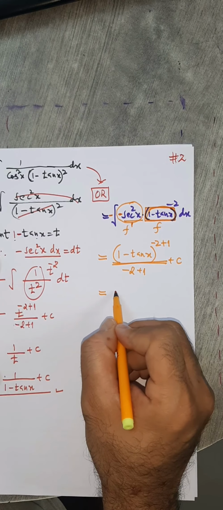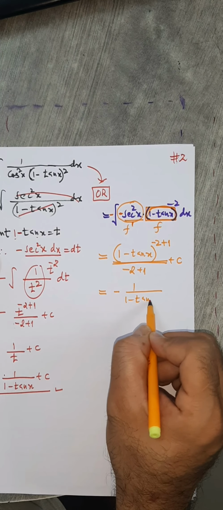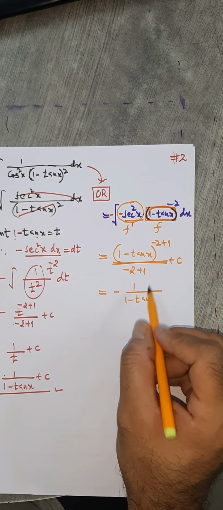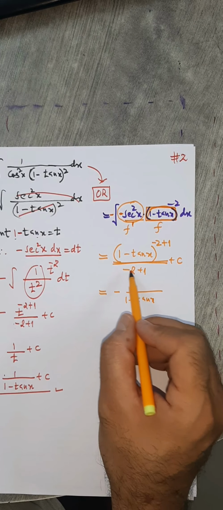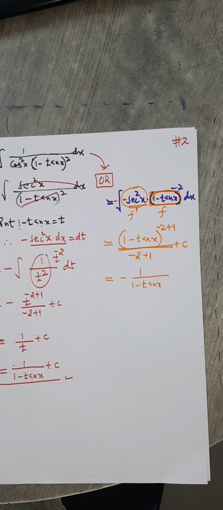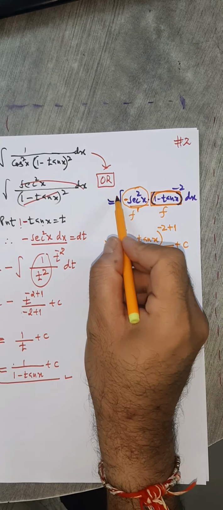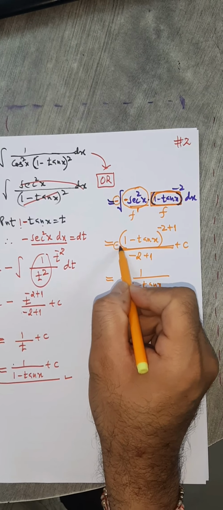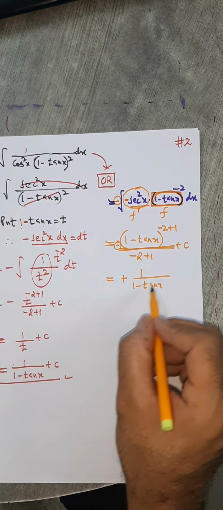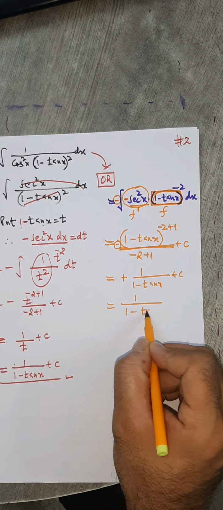So therefore you will get the minus, this will come down here, 1 minus tan x. Here one more minus sign is already there. So this minus and this minus give us plus. So finally you are getting 1 upon 1 minus tan x plus c.